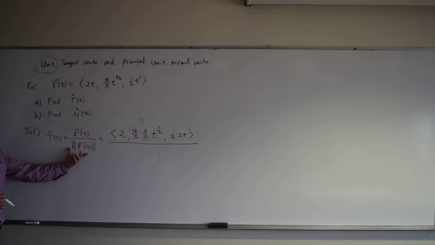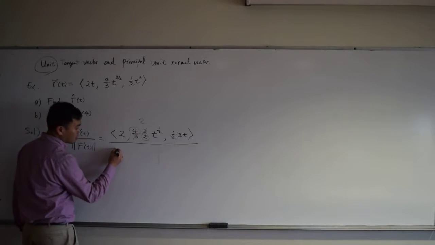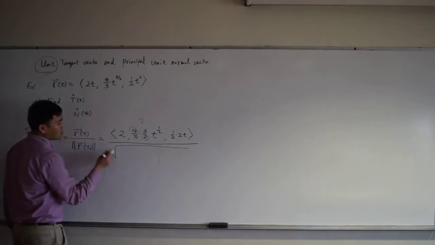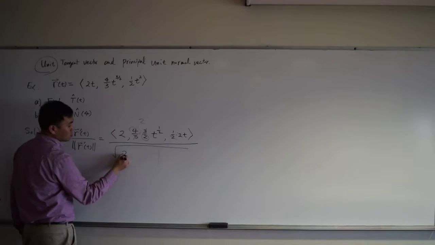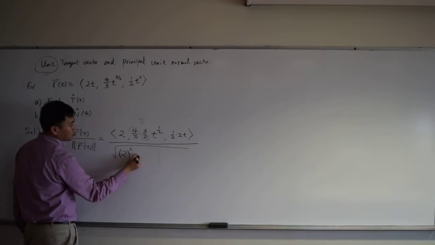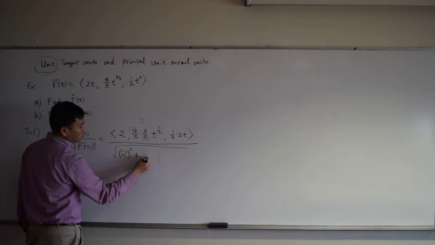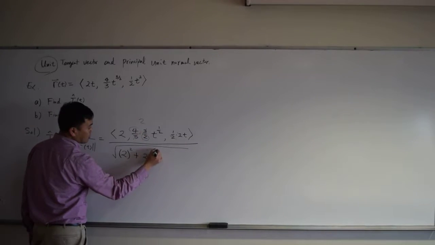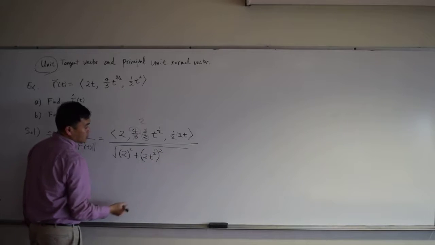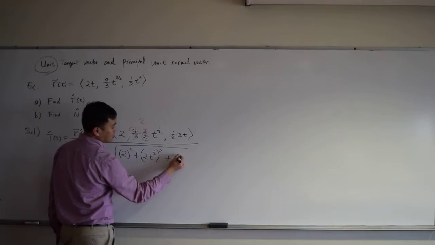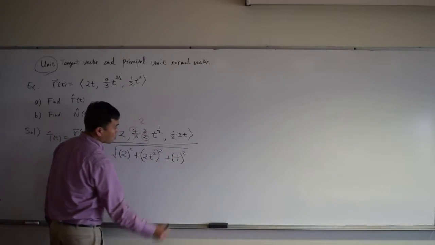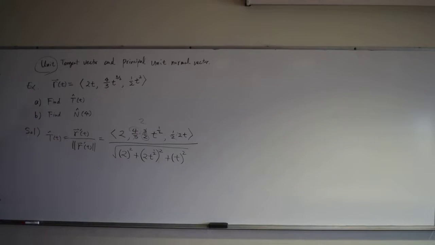But that's not all. You have to divide it by its norm. How do you calculate the norm of a vector? Square root of the squares of each one of them, right? So you have 2 squared plus 2 times t to the 1/2 power squared plus t squared. Let's calculate this further.